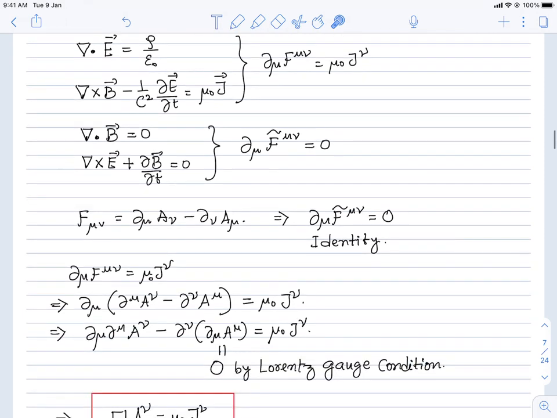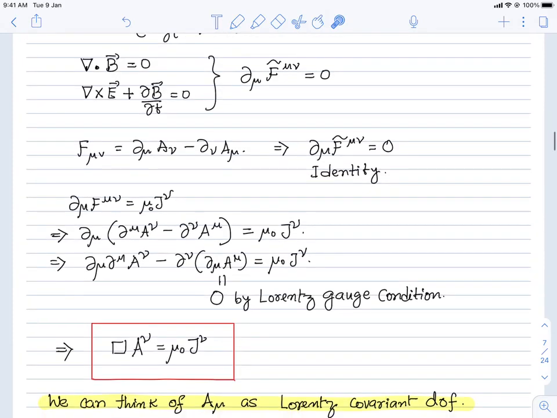This is written in terms of F, but as I said, if we think of A^μ as the fundamental degree of freedom, then F is expressed in terms of A^μ in this way, and again, that is just an identity which immediately gets satisfied.